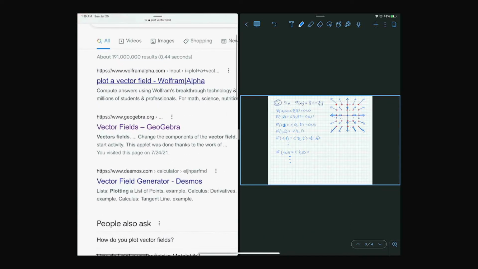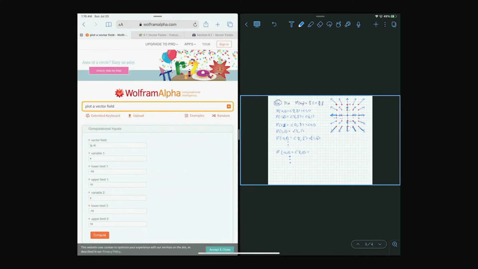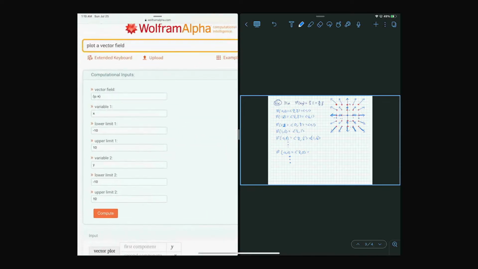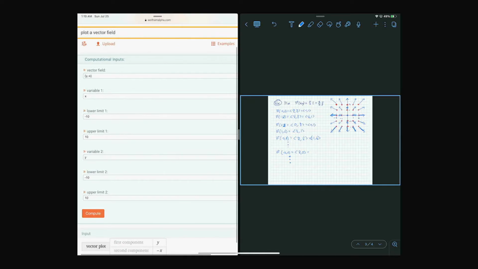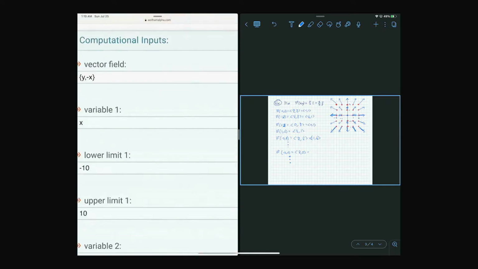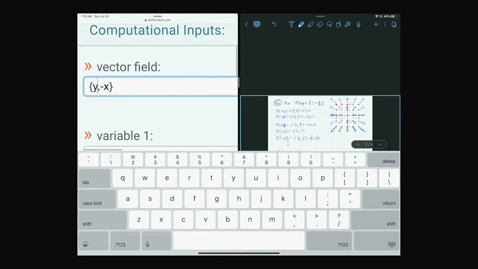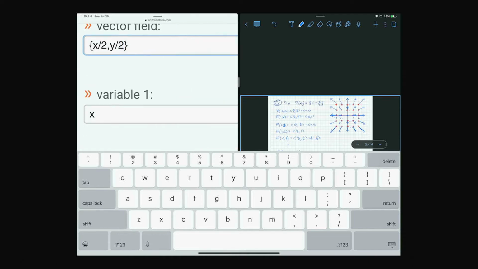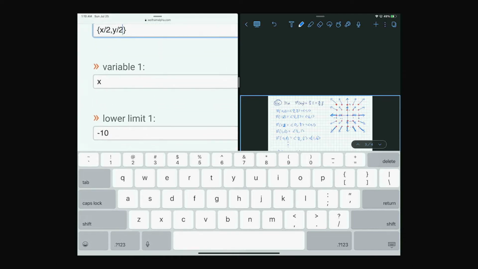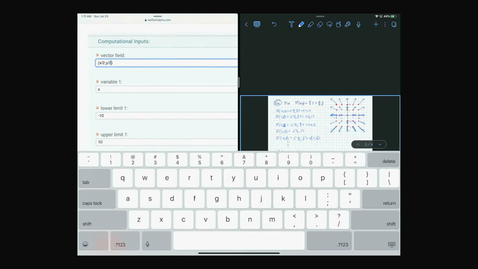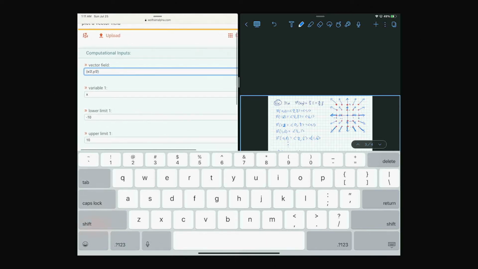And you can try Wolfram Alpha. You type in your vector field here. So like I could go, ours was x over 2, y over 2, variable 1, x. Like y, I don't know why I have to say variable 1, x.